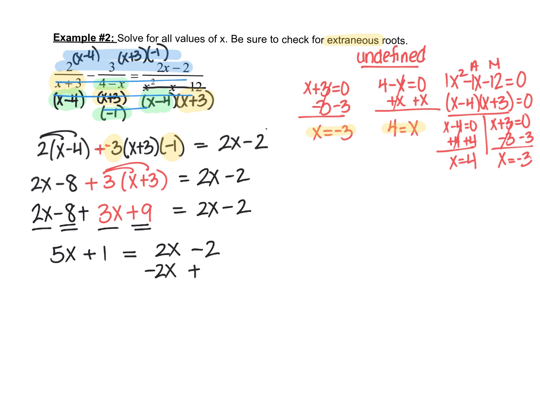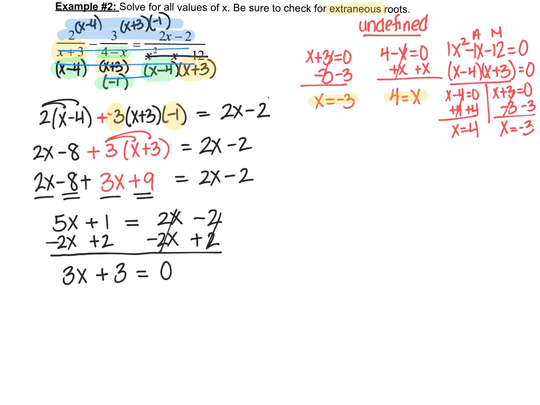So minus 2x and adding 2. So 5x minus 2x is 3x. And 1 plus 2 is 3. And we're going to factor. So it appears I could take a GCF out of 3. And when you divide them, the 3's cancel. So x plus 1, 3 divided by 3 is 1.